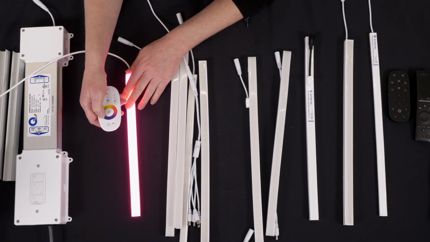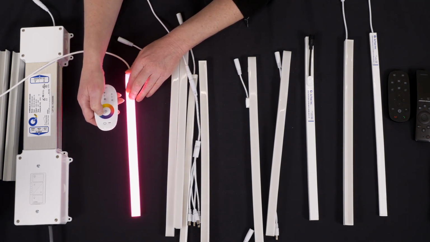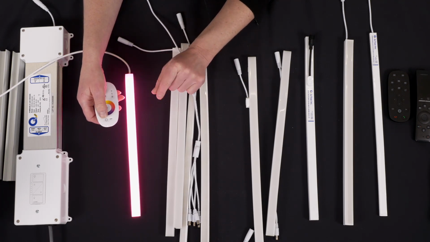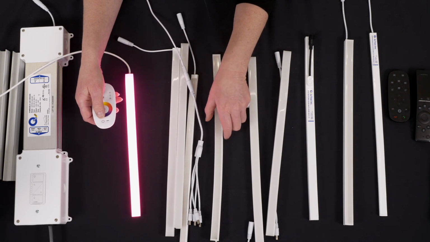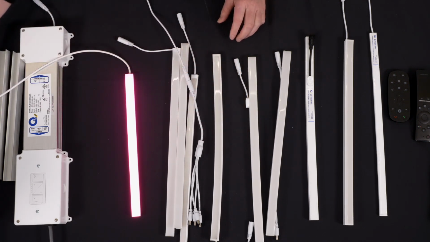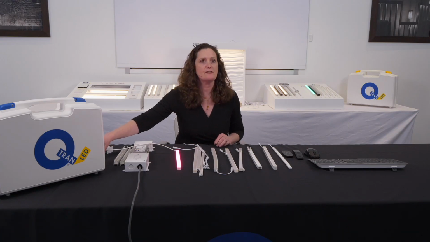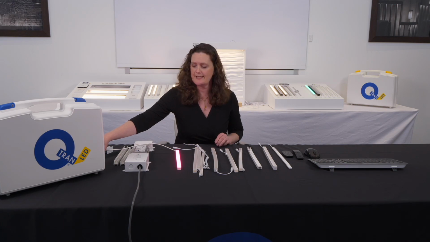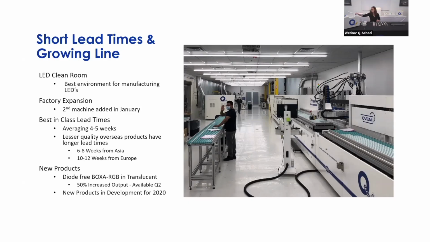And this RGB strip is an improvement to both our QCAP line of products as well as our LEDs that go in extrusions. It's going to be available, and the cut sheets should be updated within the next few weeks on our website. Absolutely, thank you. And we also have other QCAP products in development for later this year.